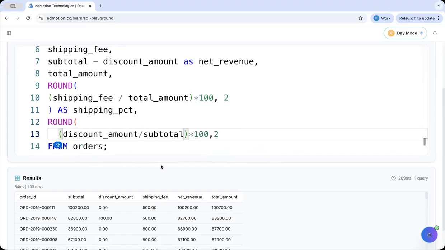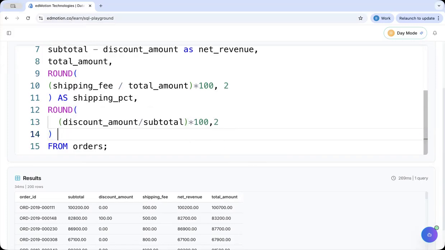All right, and I would close this. I give it an alias, and I'll call this discount percentage, discount PCT. All right, so we have this.